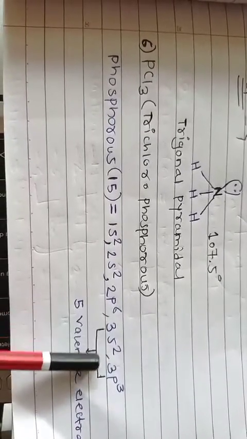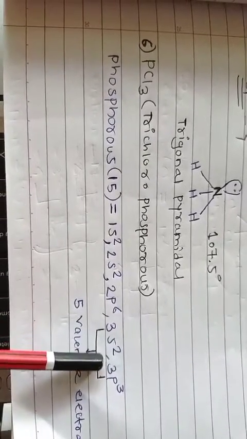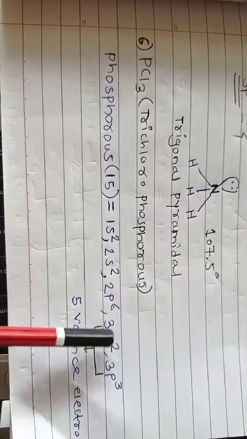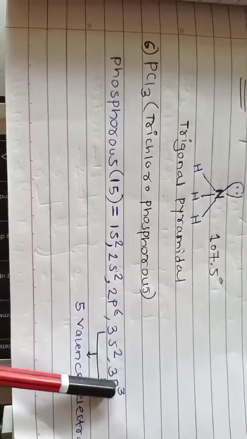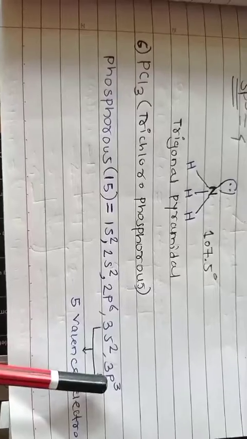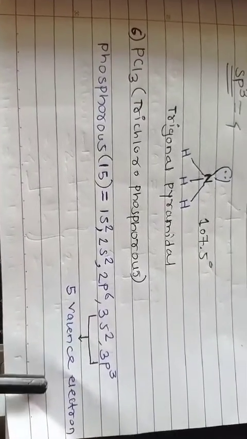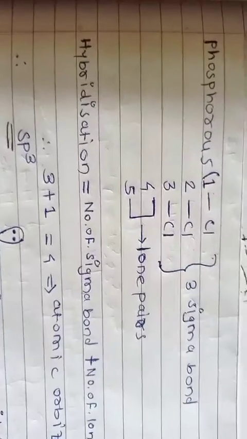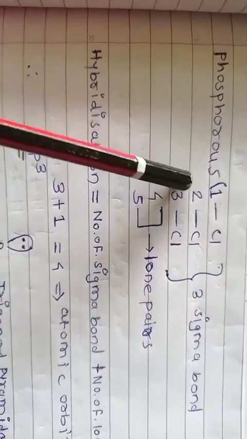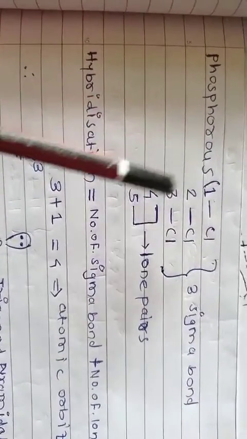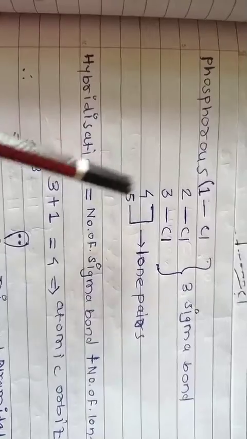In the third shell there are 2 subshells, s and p, carrying 2 and 3 electrons, that is 2 plus 3, a total of 5 valence electrons in phosphorus. So phosphorus has 5 valence electrons, 1, 2, 3, 4, 5.